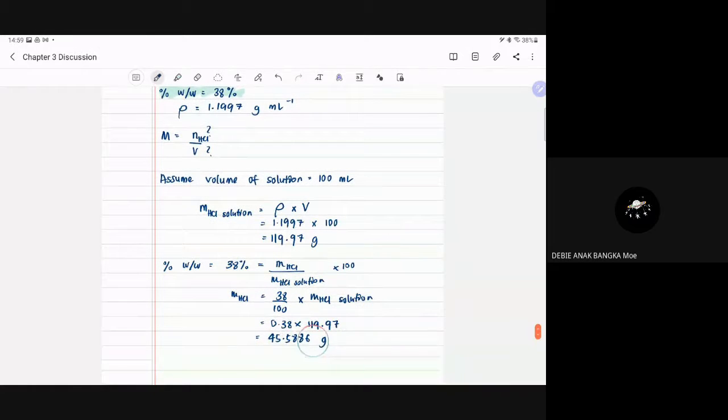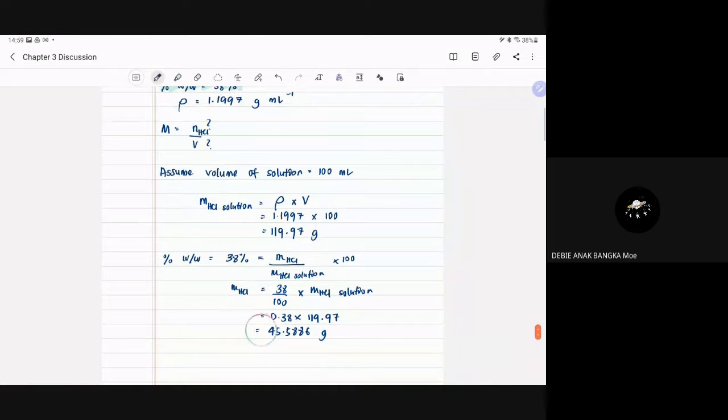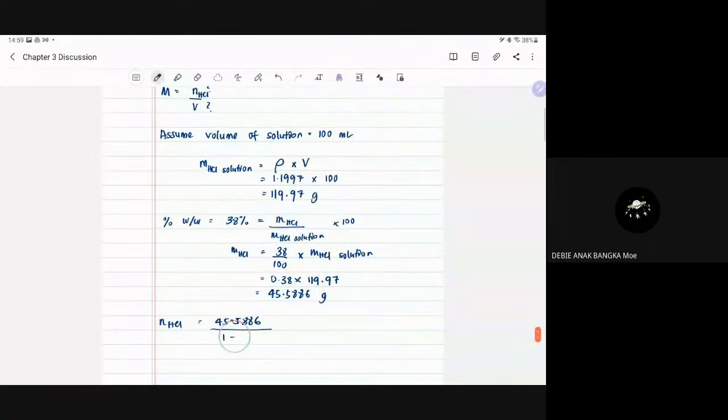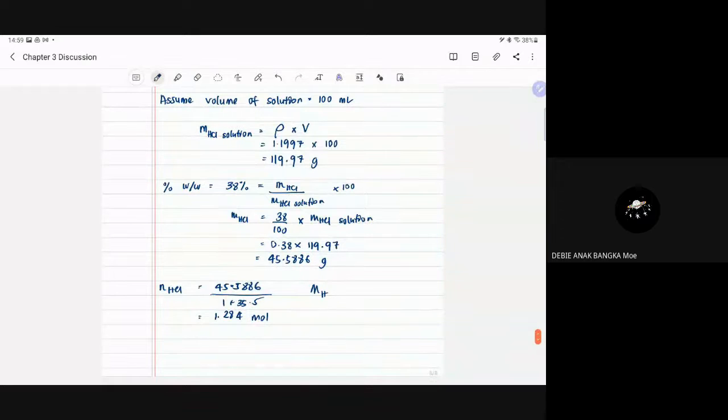Dah dapat gram dia tu, mass dia kita boleh cari number of mole. 45.5886 bahagikan dengan MR dia adalah 1 tambah 35.5. 1.284 mol.